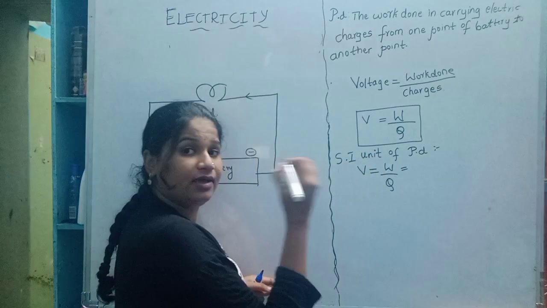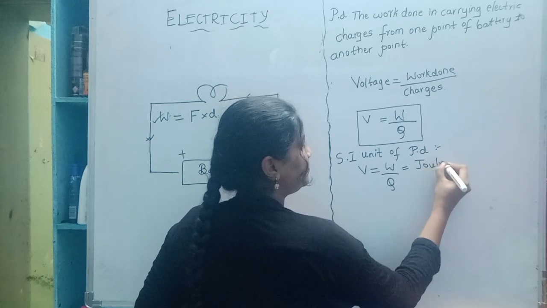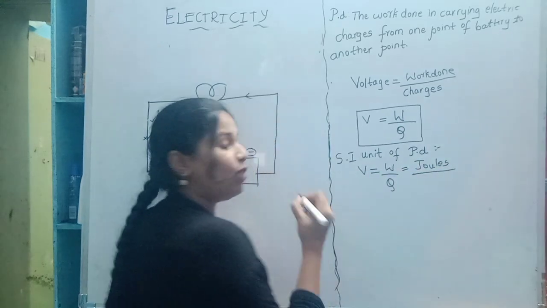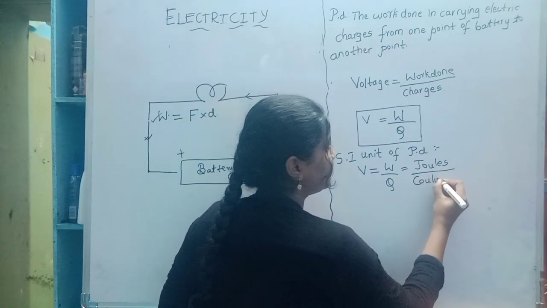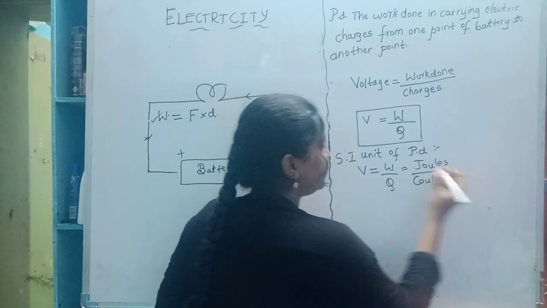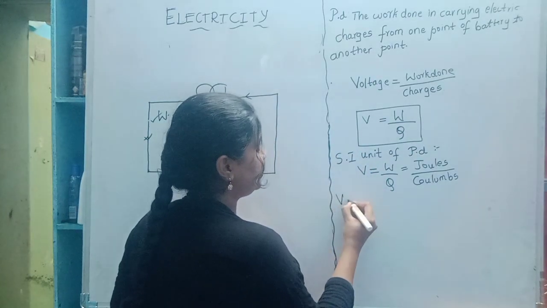What is the SI unit of work done? It is measured in joules. Then what is the SI unit of charge? It is measured in coulombs. Then overall, what is the SI unit of potential difference, that is voltage?